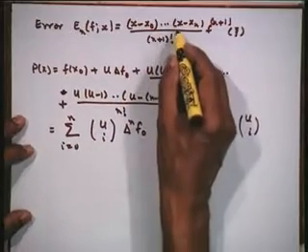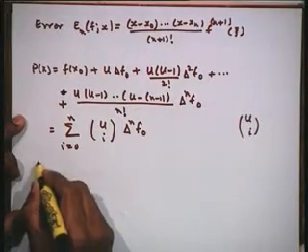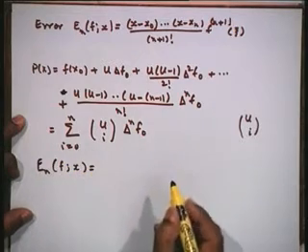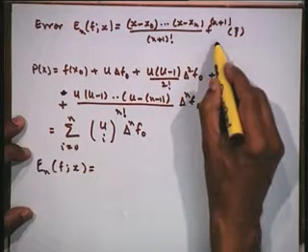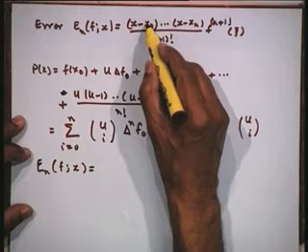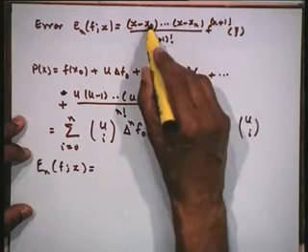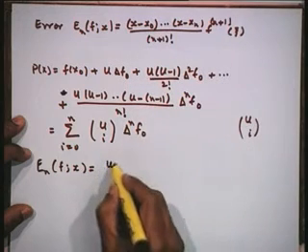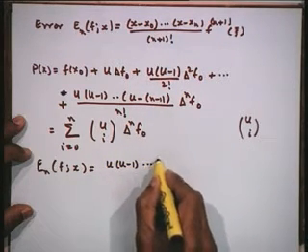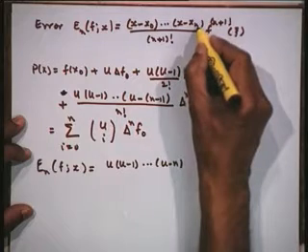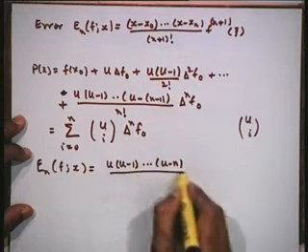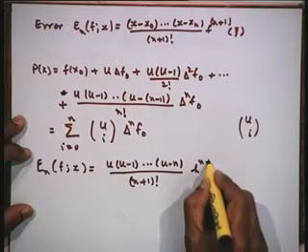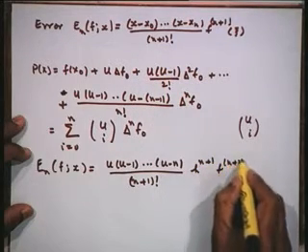Now, let us see interestingly what will happen to the error in this case. The error would be, there is no h in the denominator, therefore, each one will contribute an h. There are n plus 1 terms here, therefore, it will contribute h to the power of n plus 1. Therefore, this is u into u minus 1, up to u minus n, the last term, divided by n plus 1 factorial, times h to the power of n plus 1 f n plus 1 of xi.